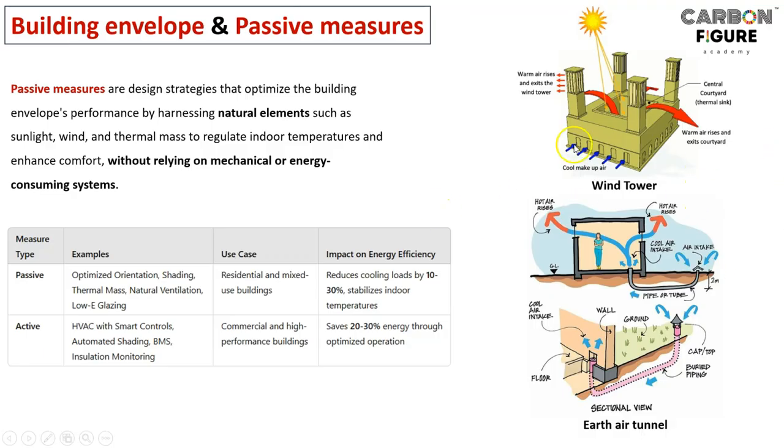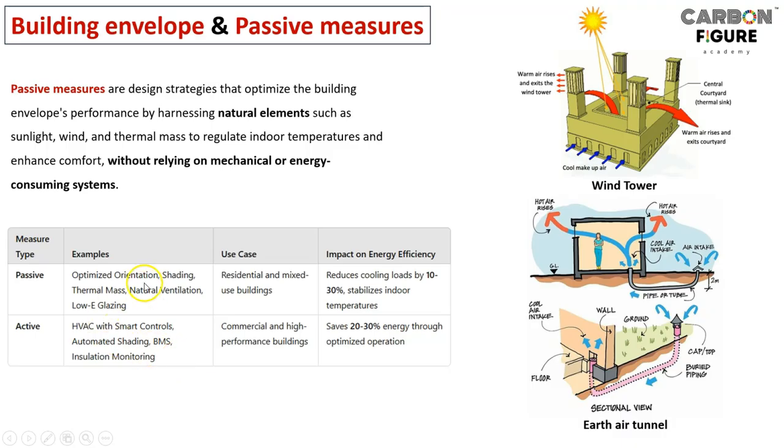But these have to be installed and maintained properly with appropriate design guidelines and supervision, right? Or else it would become a problem of moisture entry, odor entry, or insect entry into your buildings, right?